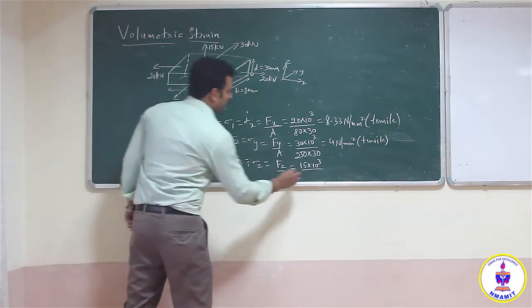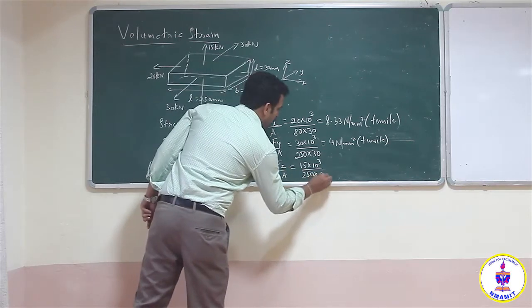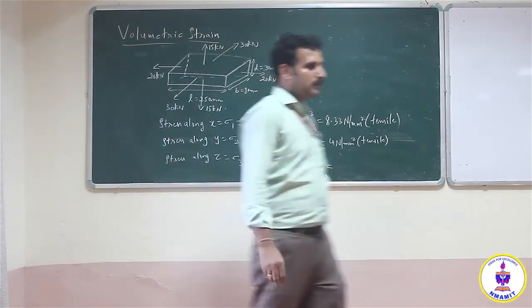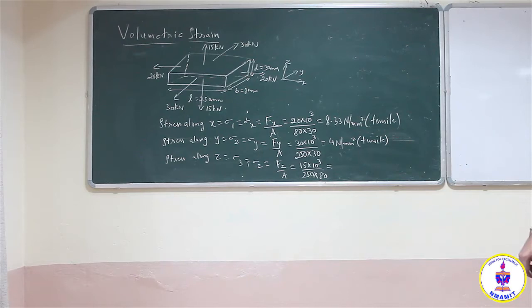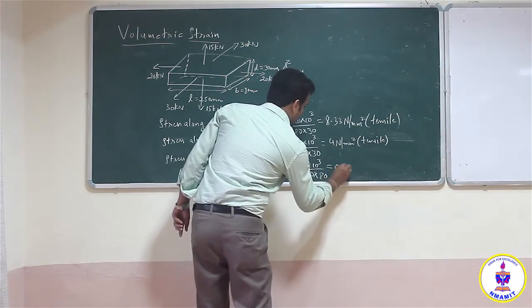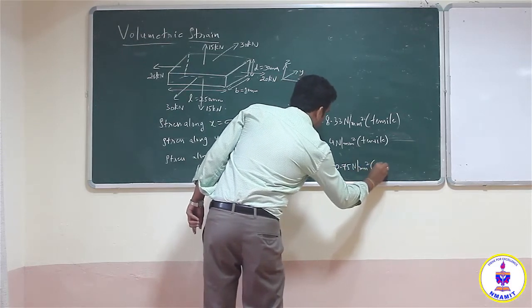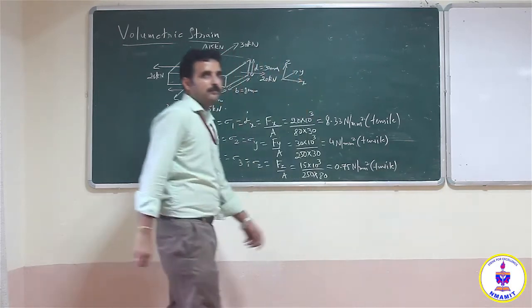So length is 250 and the width is 80. So this is equal to 0.75 Newton per millimeter square. Again, the nature of the stress is tensile.